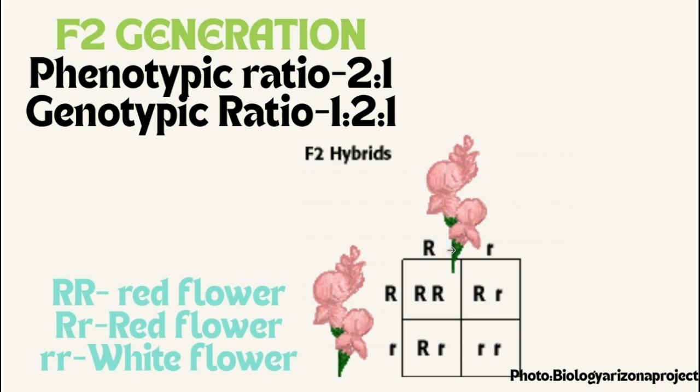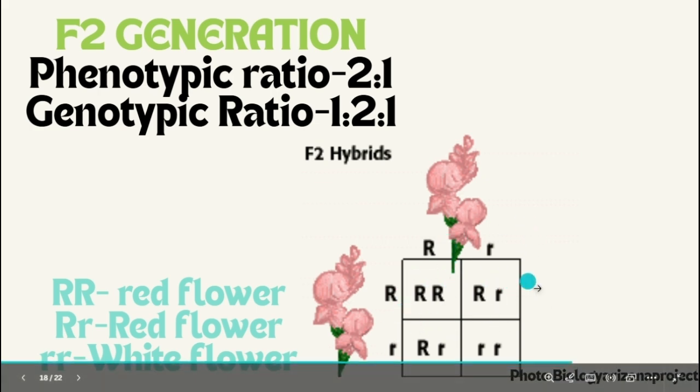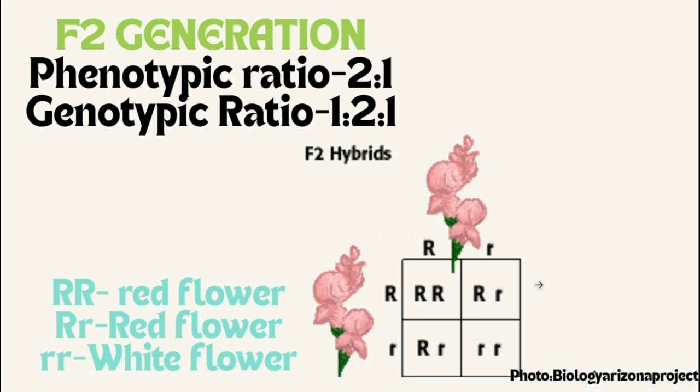So now we have two heterozygous, and both of these flowers look red, but if we want to predict the next generation, we can do a cross, and that's what we're going to do now. This is just a Punnett square. It's very easy.